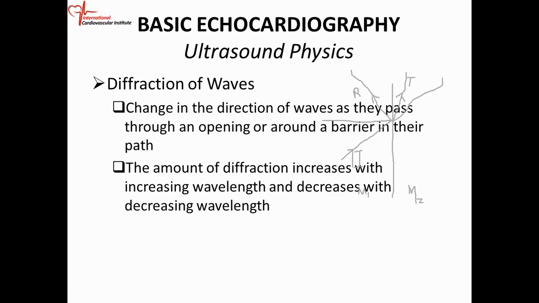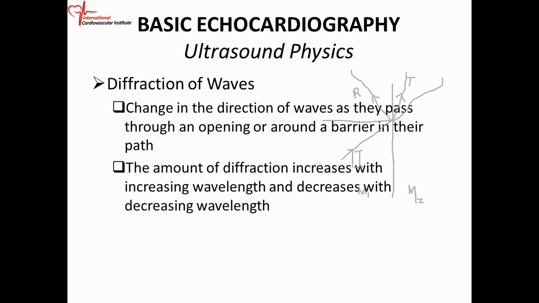Also, waves diffract. So we talk about reflection, refraction, and diffraction. All waves obey these principles. When we talk about diffraction, waves have a tendency to go around corners, or if there's a boundary, they go around the boundary.